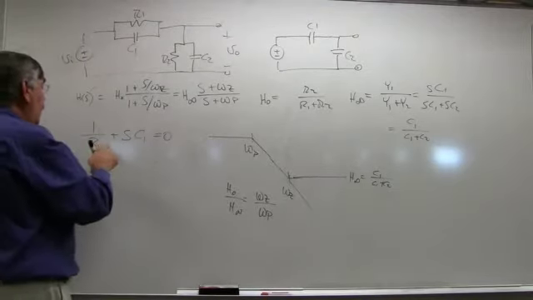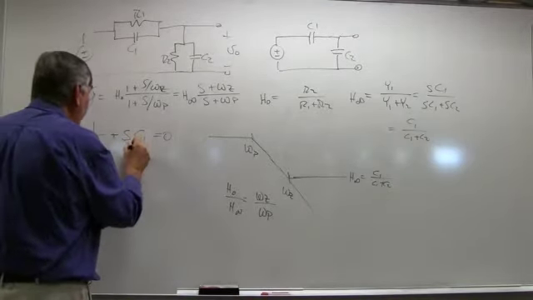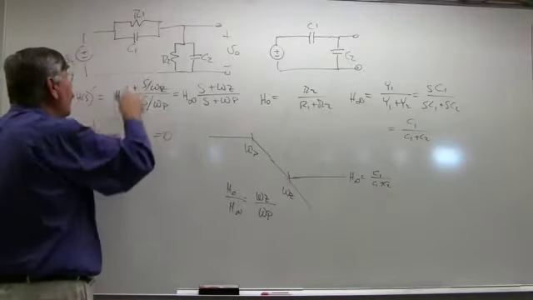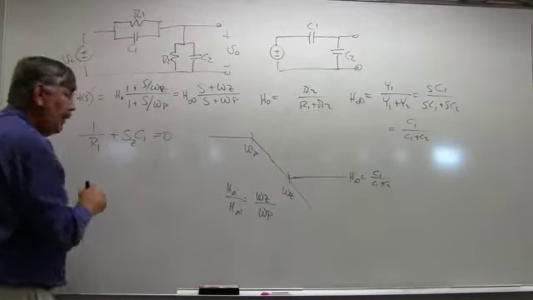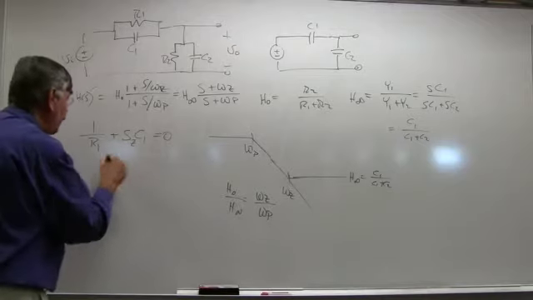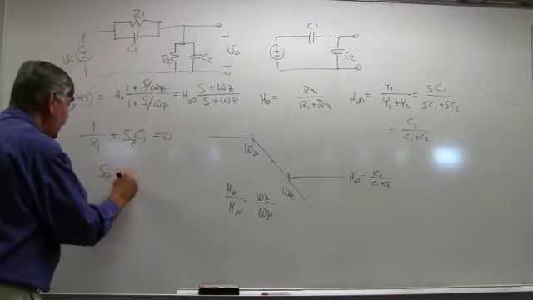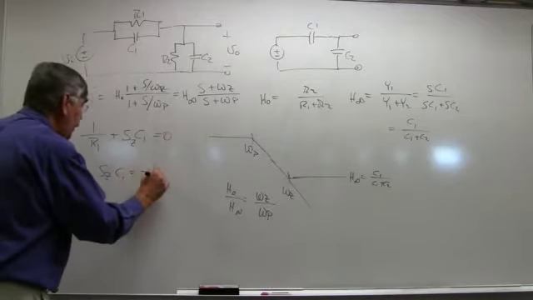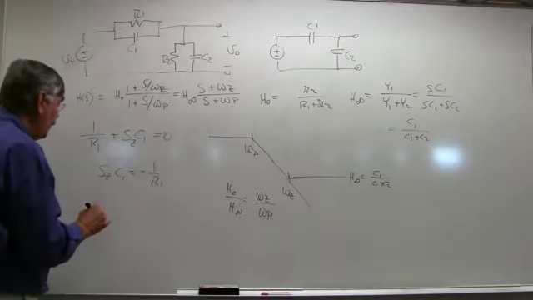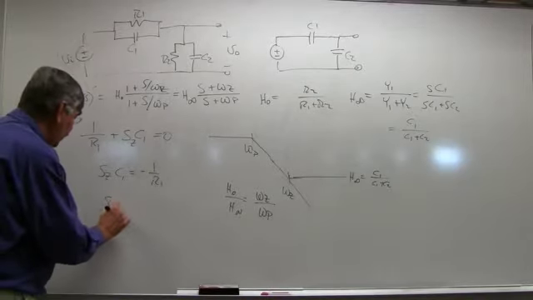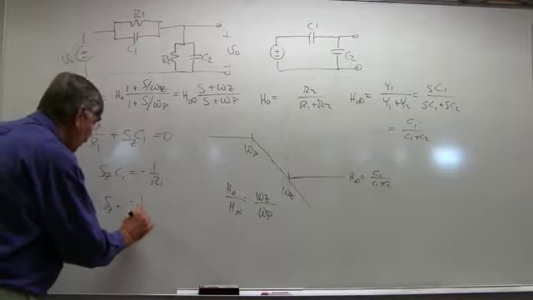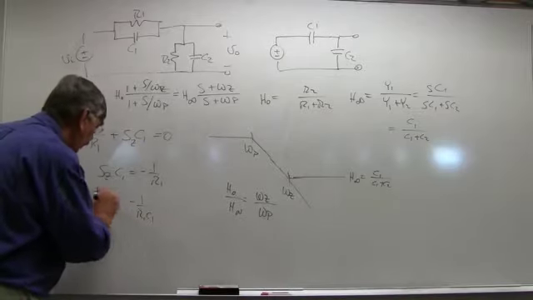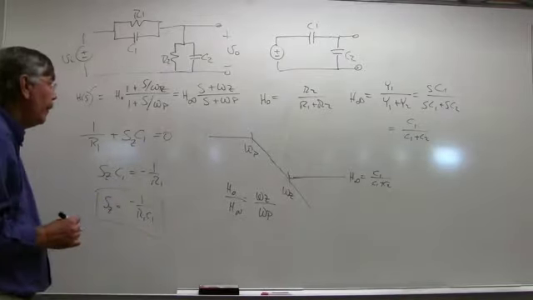Okay? So if I do that and solve for the value of S required to give us the 0 output, it says S sub Z times C1 is equal to minus 1 over R1, from which I can get S sub Z equals minus 1 over R1 C1. And that's the location of the 0.